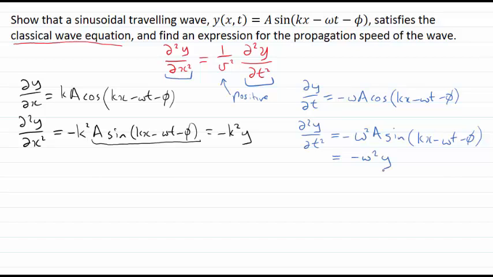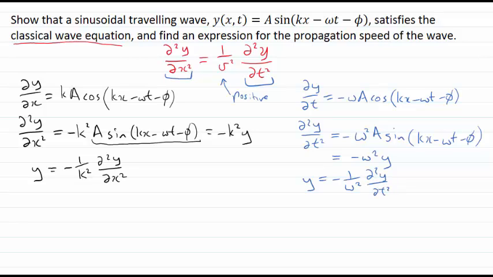which again, as we saw before, can be written here as minus omega squared times y. So this shows from this first one, for example, I can write that this function y has the property that it equals minus 1 over k squared of this second derivative. That's one of the properties that it has. Another property that we've just shown here is I can also write that function y as minus 1 over omega squared of the second time derivative.